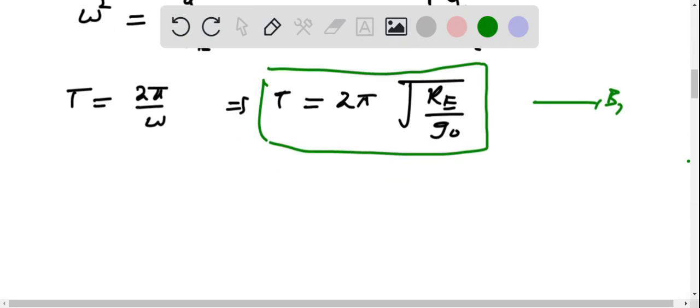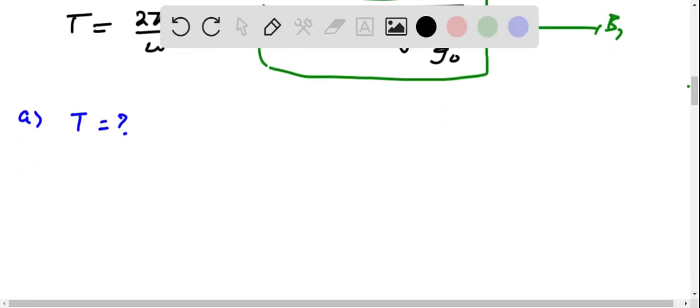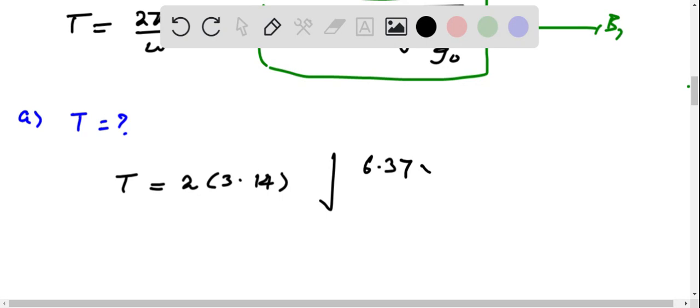In part C of this problem, we have to find a numerical value for this period. So we need to calculate T. Let's put the values into equation number B. So T equals 2 times 3.14 times the square root of R_E, which is 6.37 multiplied by 10 to the power 6 meters, divided by g naught, which is 9.80 meters per second squared.